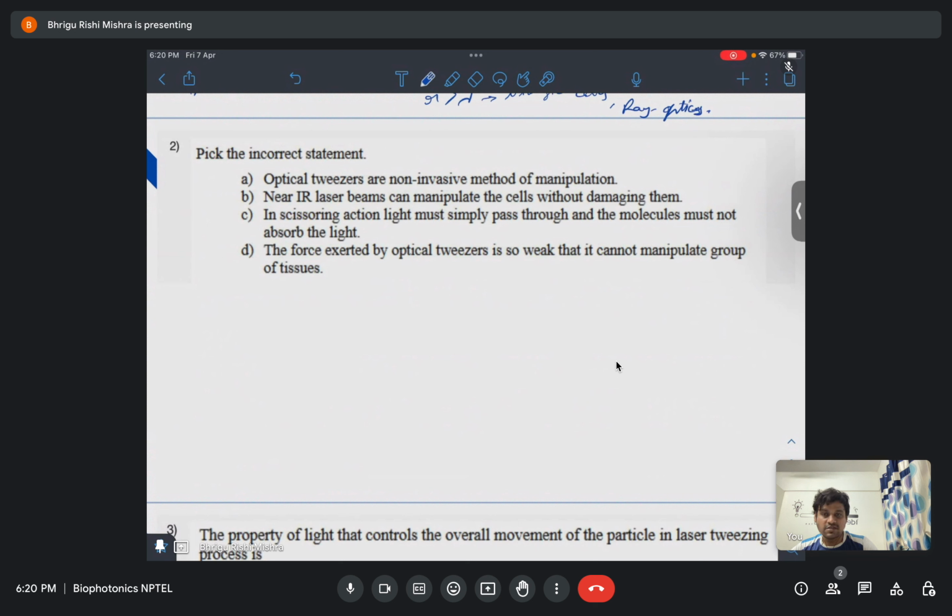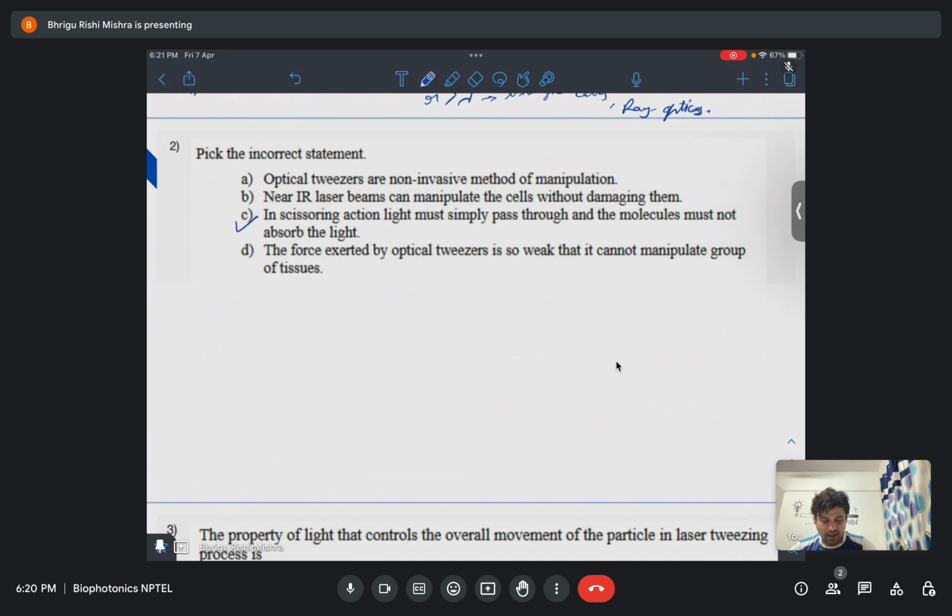This is the incorrect statement, because for the scissoring action you need molecules to absorb the incident light. The transparency should be for the optical tweezing action, not for the scissoring. So the correct answer is C.